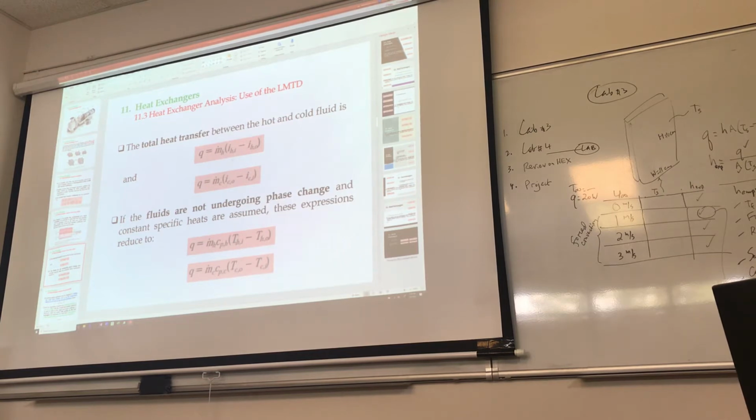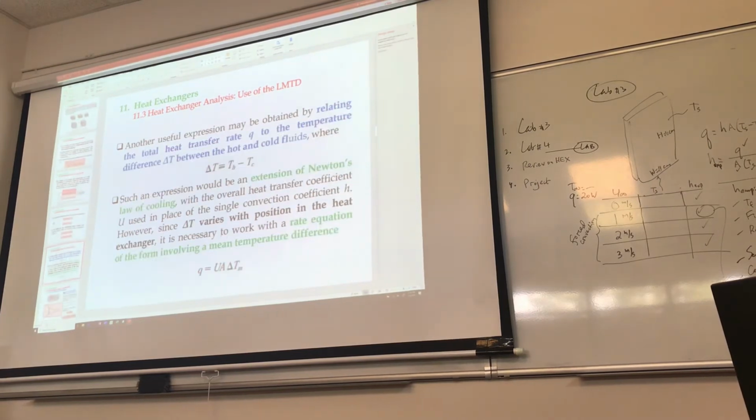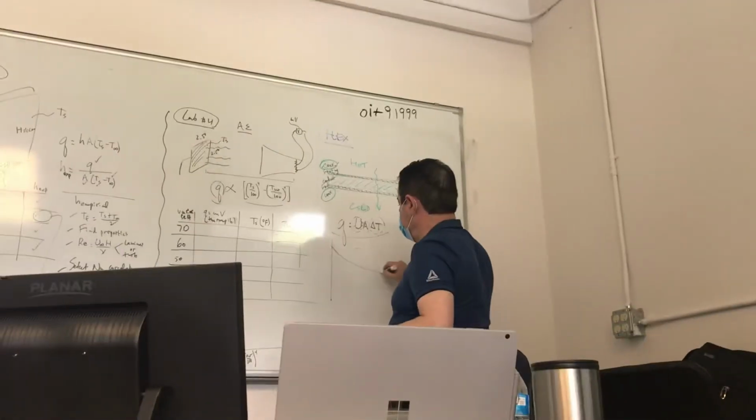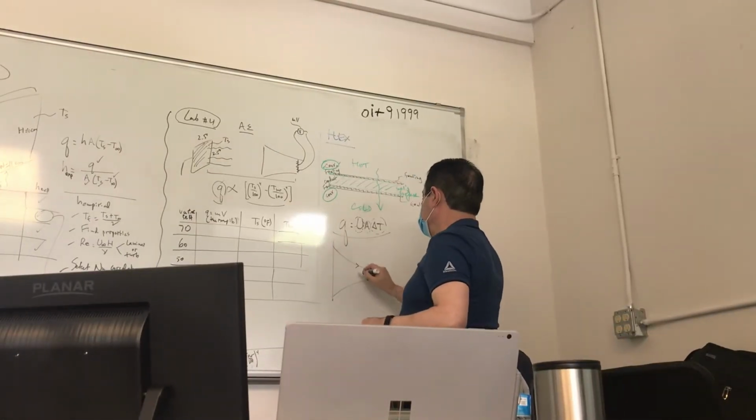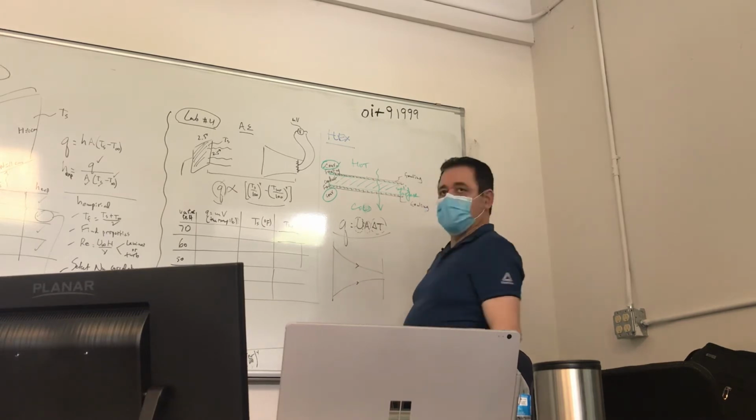Now, the other question is, what delta T are we going to use? Well, see that equation right there at the bottom is the equation for the heat transfer for a heat exchanger. But the delta T is a bit of a headache, because if it's a parallel flow heat exchanger, my temperatures are doing this.